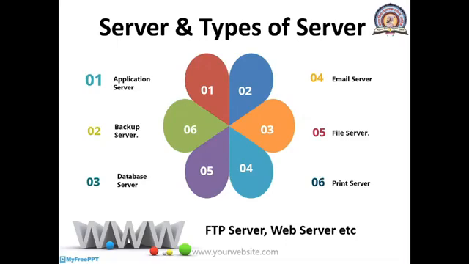So whenever any client has to make use of the printer, first of all it will make a request to that print server, and then that server will manage that printer for that client. Then web server.